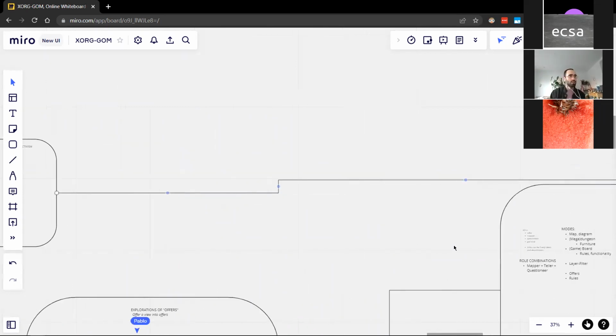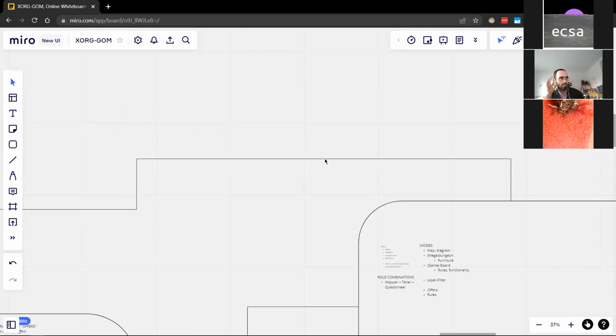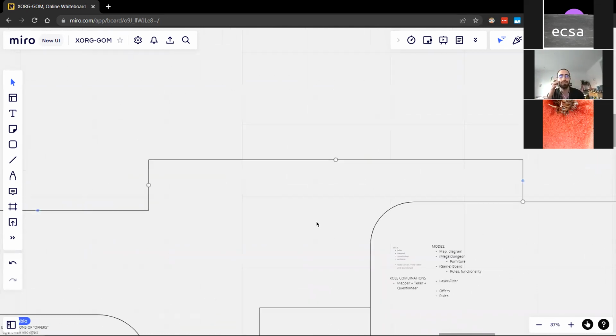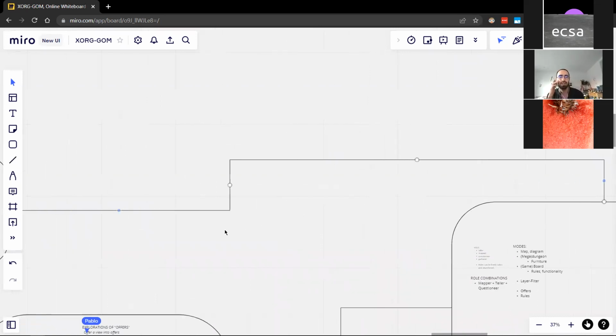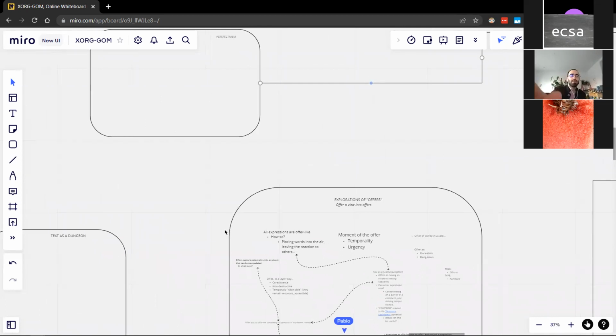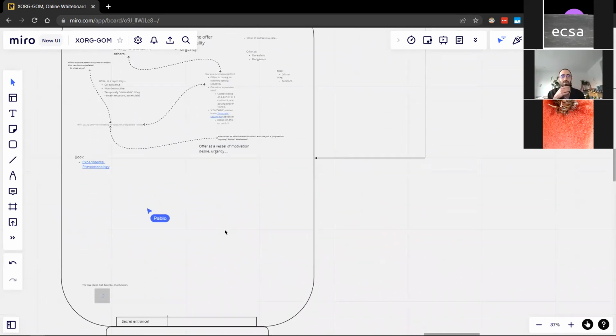I would just invite us to go back to this dungeon at some point. Yeah, you mean this inside view of it? Yeah, come back here, to this map.